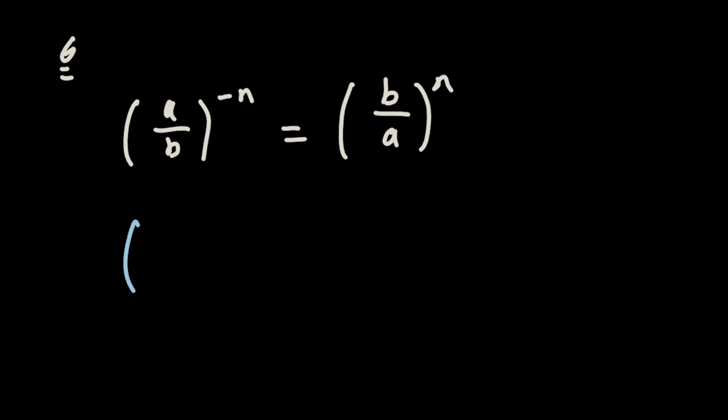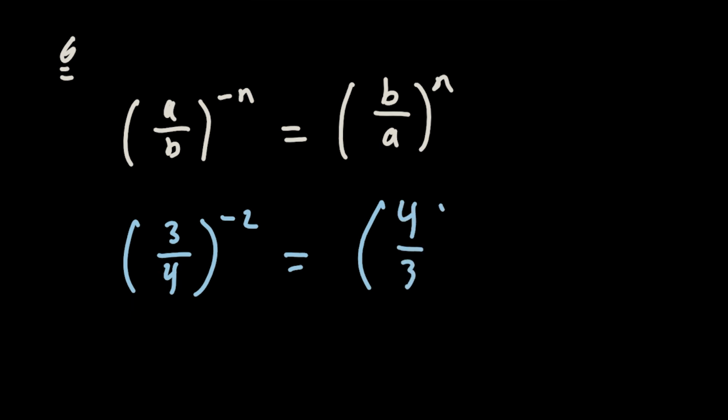If we have 3 over 4 all to the power minus 2, that would equal 4 over 3, and the power here will be, instead of minus 2, plus 2. And basically we can just continue, so the 2 will be distributed. So we have 4 to the power 2 over 3 to the power 2, and we can just calculate the answer.